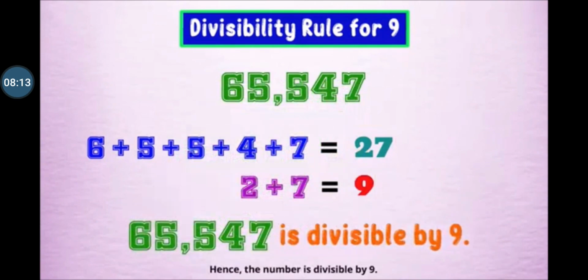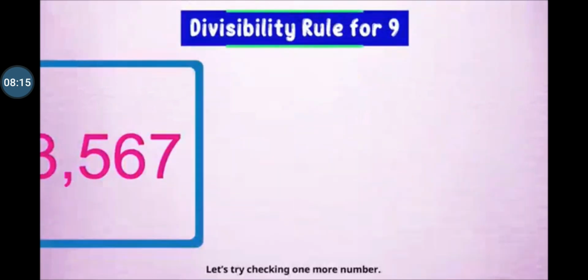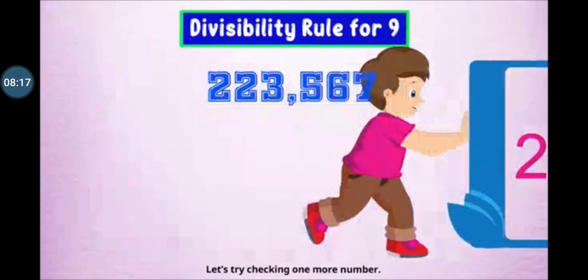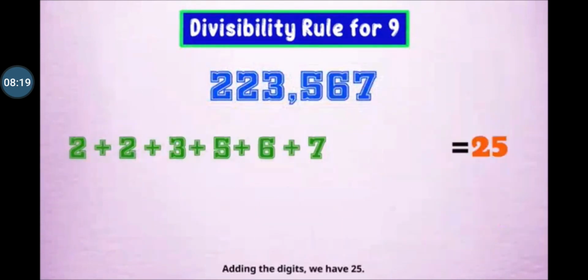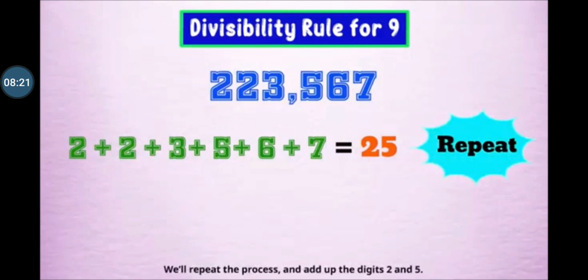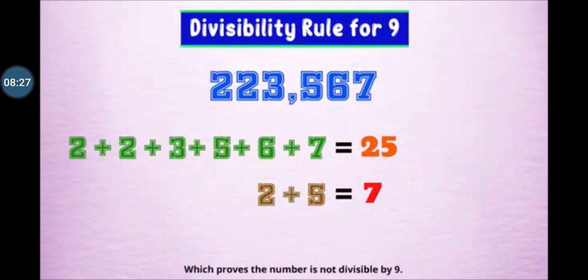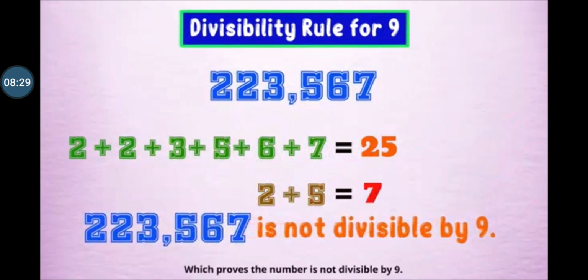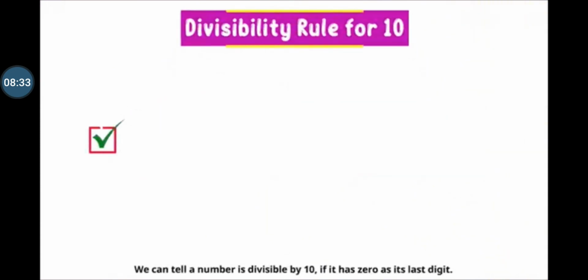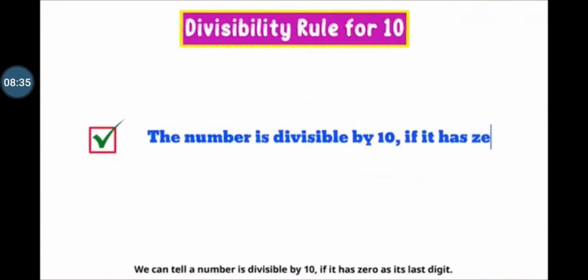But again we have to repeat until we get a single digit. So this is 7. Is 7 divisible by 9? No. So it means this number is not divisible by 9.